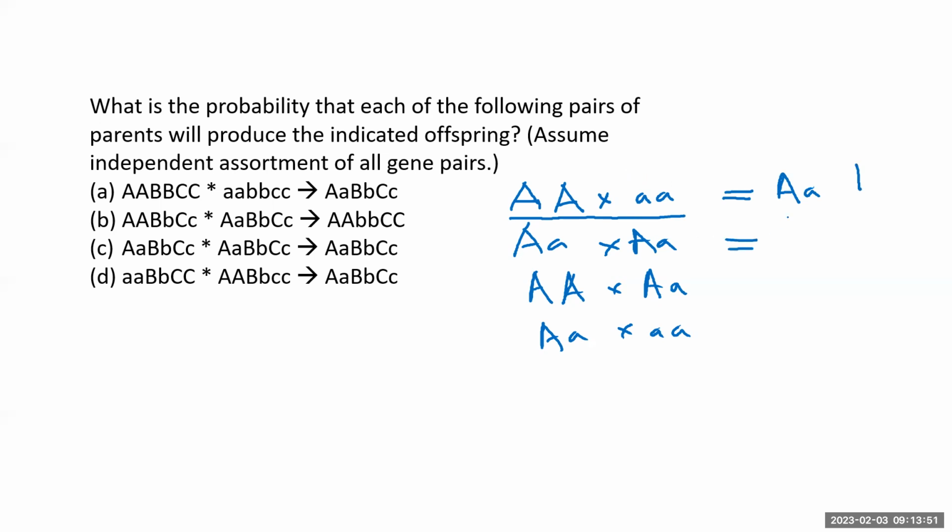So if we take this one, the probabilities are capital A, capital A is this, capital A, small a is this, small a, small a again this. So if we take this one, then we should get capital A capital A and capital A small a, half and half. So is this correct? Do you understand this?